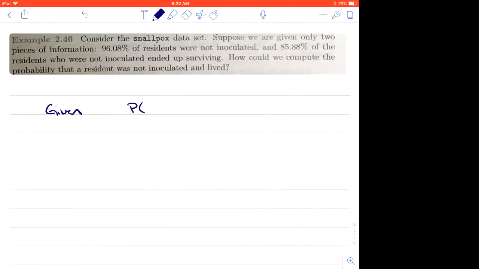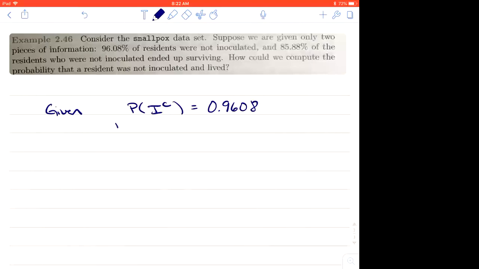of not being inoculated was 0.9608, right, 96.08%. We convert it to a decimal to use it in any sort of math that we do. So 0.9608. And we're told that 85.88% of the residents who were not inoculated ended up surviving.